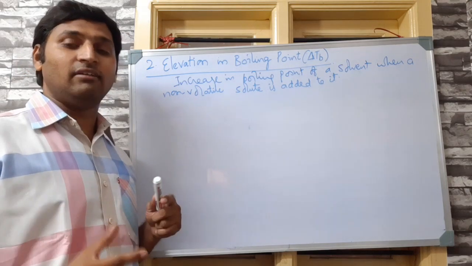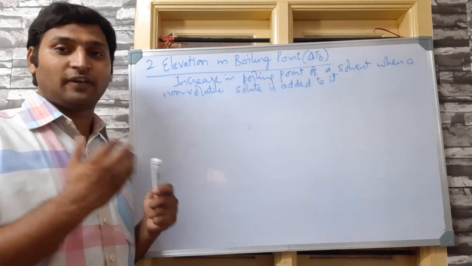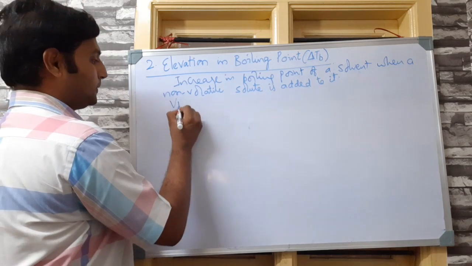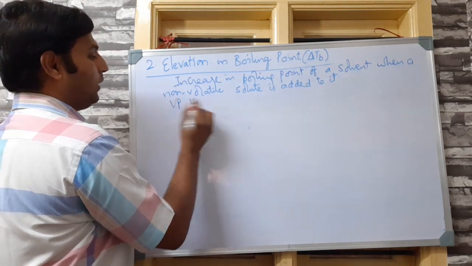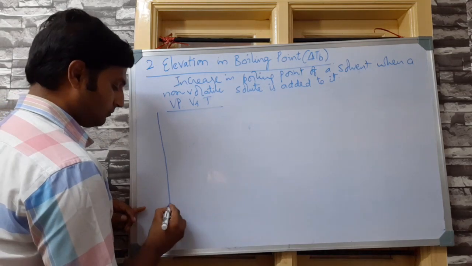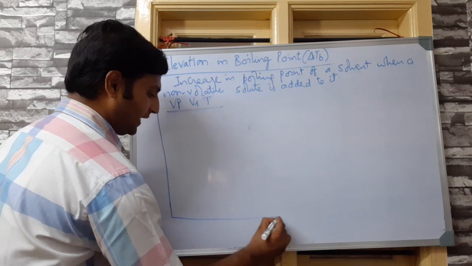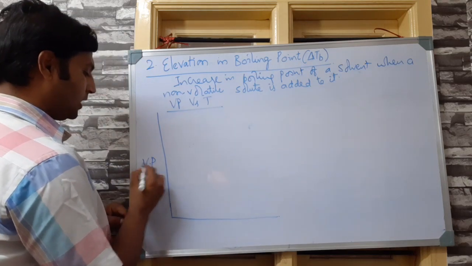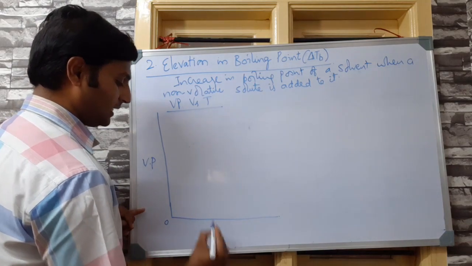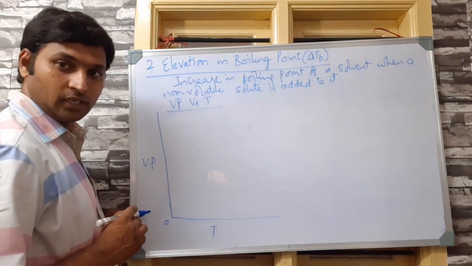Both can be achieved if we understand a little graphical representation for vapor pressure versus temperature. Vapor pressure versus temperature graph. So, if I take vapor pressure on the y-axis and temperature on the x-axis, number one.